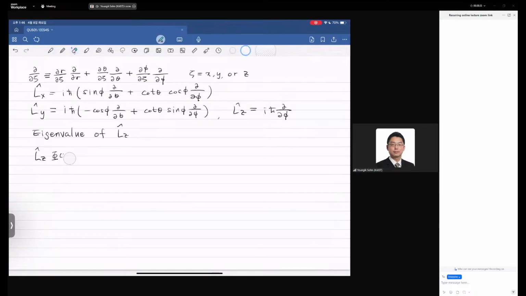Lz only involves phi, so you naturally assume the state is a function of phi. So the eigenvalue equation has this form, and it's very simple to solve, because Lz is just a single partial derivative. You just solve it. It's an exponential function.